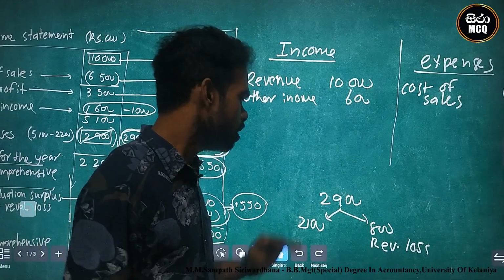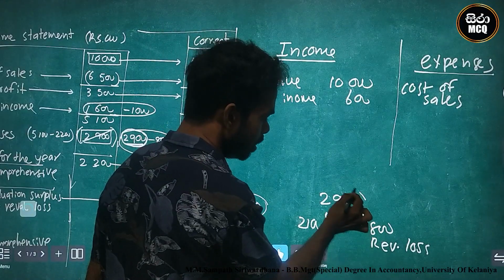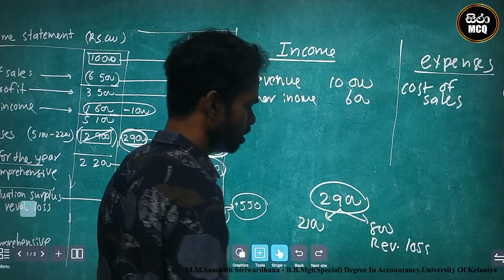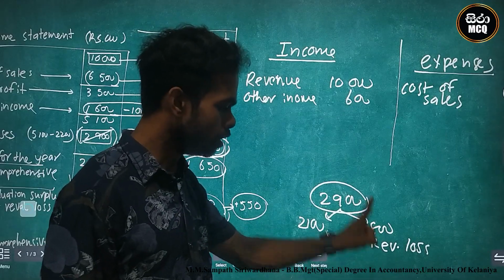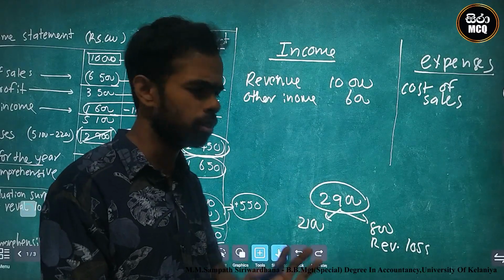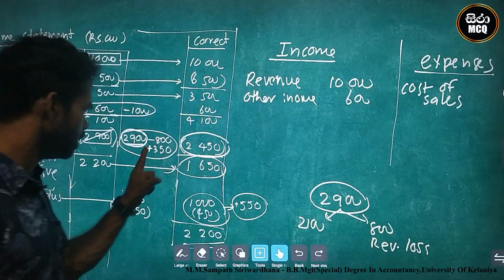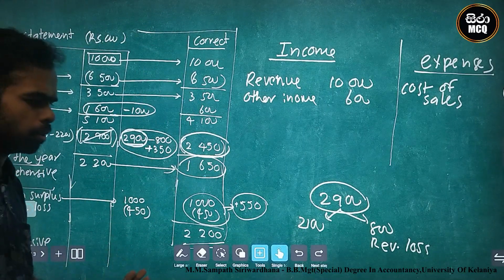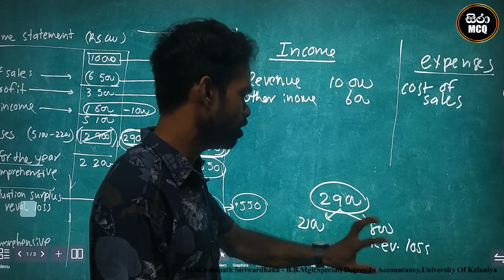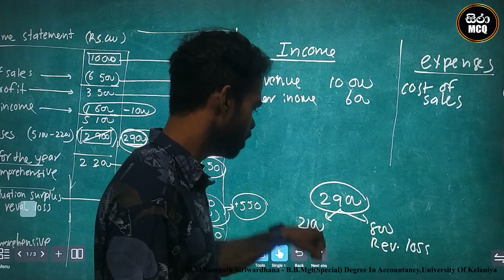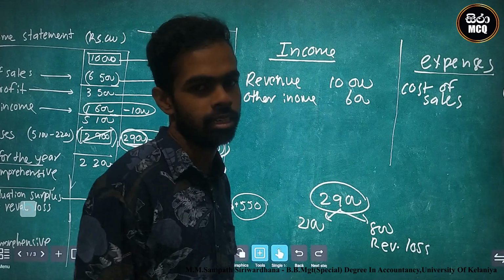Therefore, the total expense identified is 2,900 including the revaluation loss of the total one. Don't think about the 350 and 450 destinations. We can identify 800 and 2,100, both totaling 2,900.